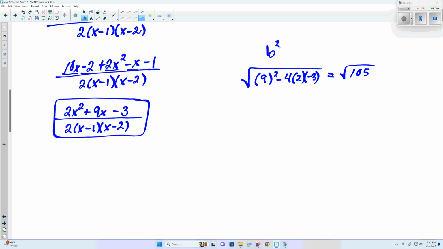This is our check to see if it's factorable. So is it factorable? The square root of 105 does not work, because it's telling us that our solutions for this would be irrational numbers, and so it's not factorable. Technically it is, but we'd have to know the solutions to be able to factor it.